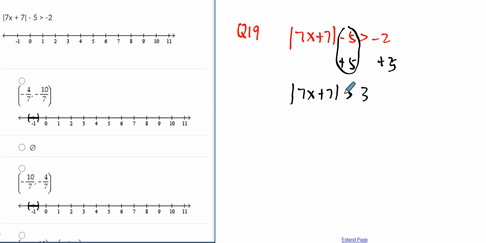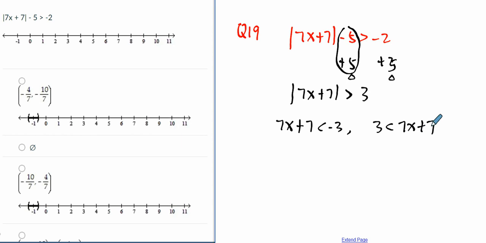Okay, both sides plus 5. So you have the negative and positive cancelled, 5 minus 2 is 3. Now you're going to translate that: 7x plus 7 less than negative 3, or 3 less than 7x plus 7.